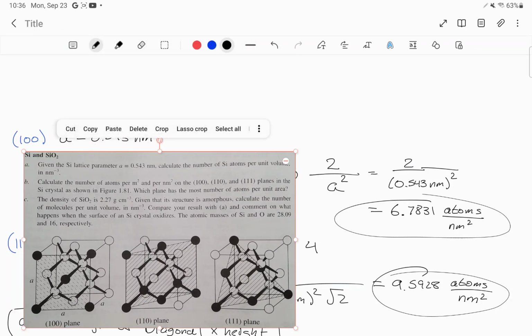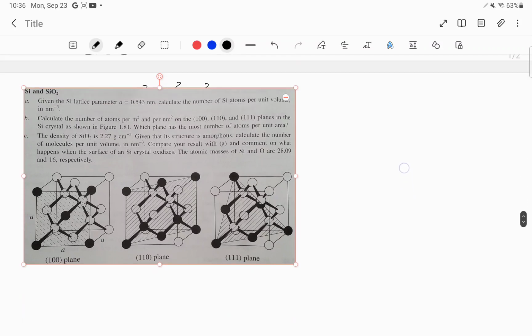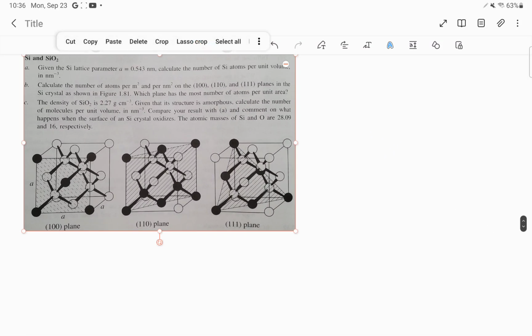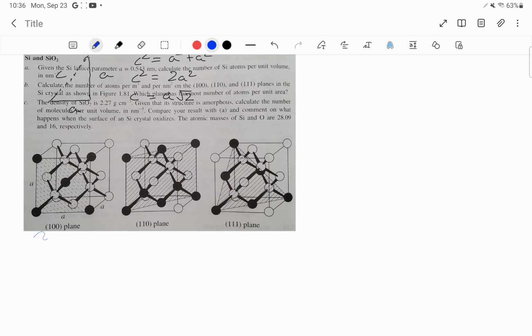So let's move this down and let's try to do the next plane. So for the plane 111, first let's calculate the number of atoms in this plane. So we have an equilateral triangle where all the sides are the same, right?